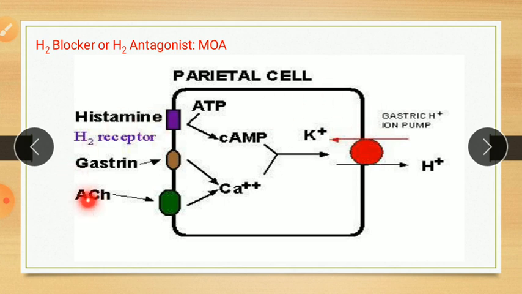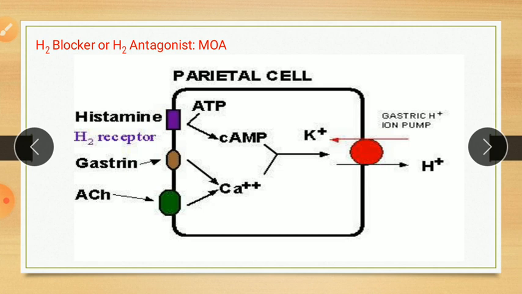Similarly, the action of gastrin and acetylcholine depends upon calcium. Gastrin binds to its G receptor, acetylcholine binds to the muscarinic receptor, and that increases calcium and also stimulates secretion of H plus ion.